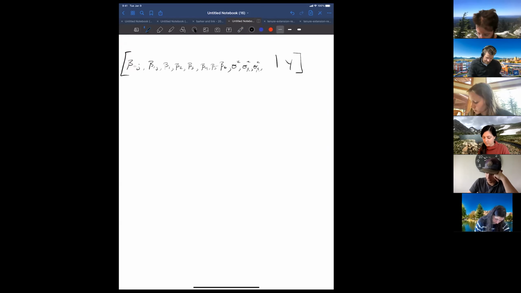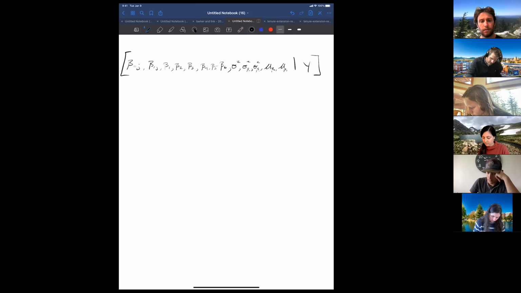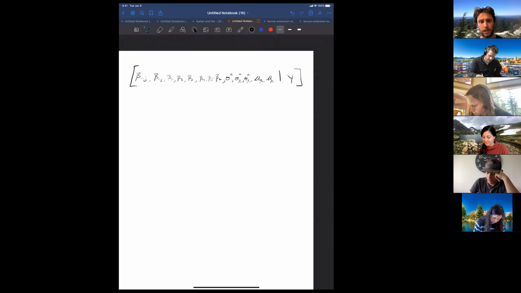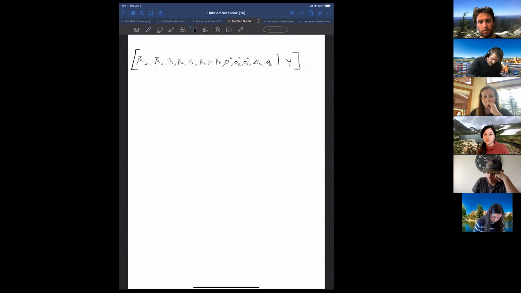Two more. The mus. Yep. Okay. This is proportional to, start off with our likelihood.